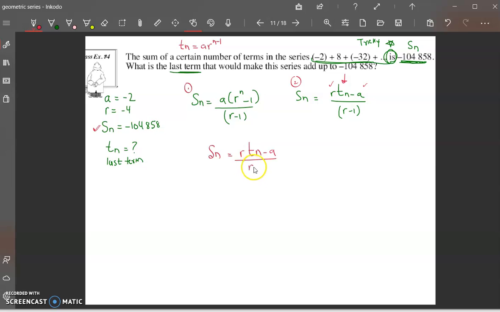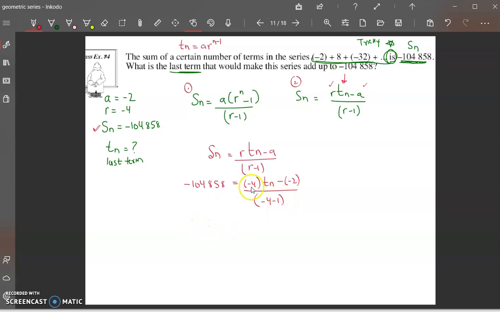So let's fill in what we know in here and simplify each side as much as we can. So this is Sn, r is -4, we don't know the Tn, minus the a, which is -2, everything divided by -4 minus 1.